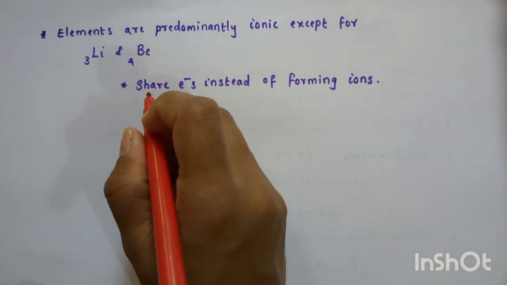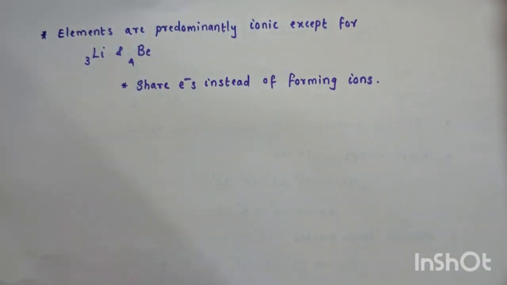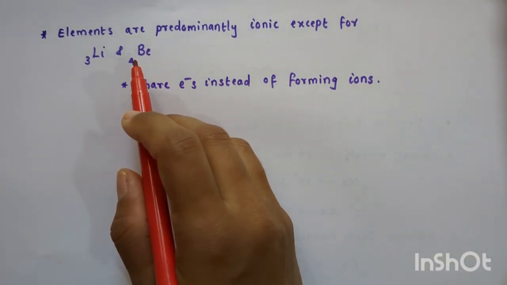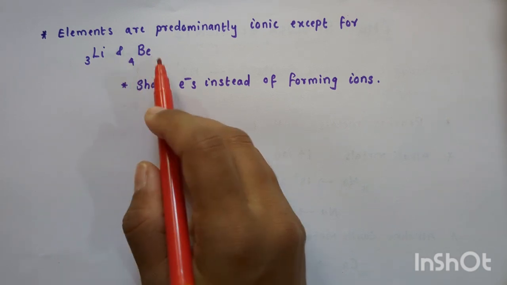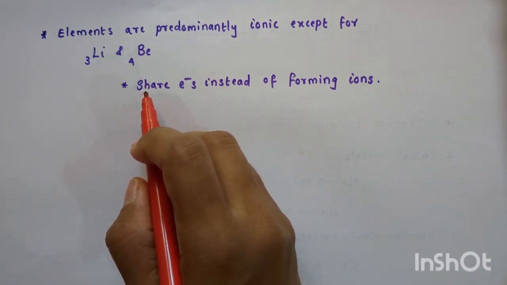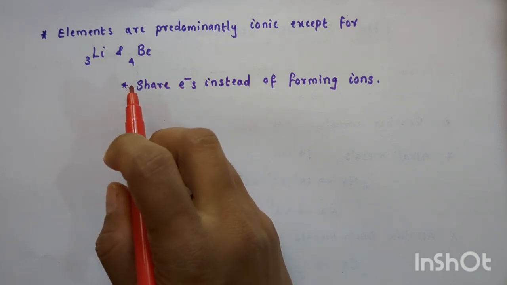The compounds of the S block elements are predominantly ionic except for lithium and beryllium. Except for lithium and beryllium, the other S block elements have low ionization energy, making it easy for them to lose electrons and form ions.